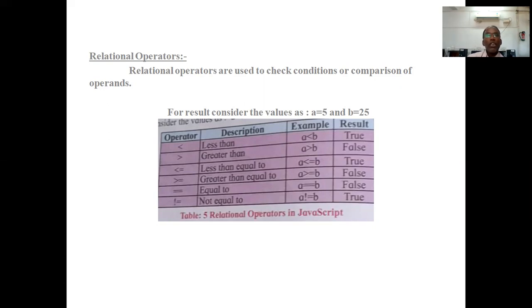For what can we use relational operators? To check conditions or comparison of operands. Now, the result of relational operators is a Boolean value, that is true or false.